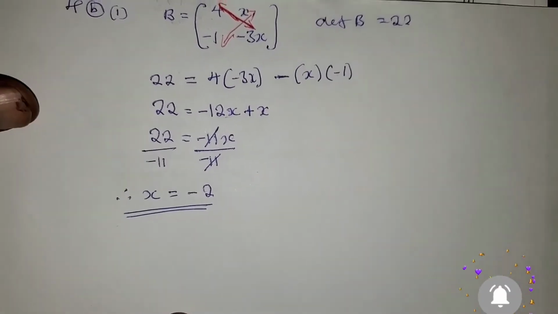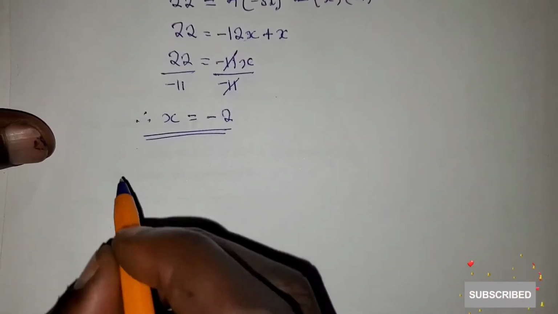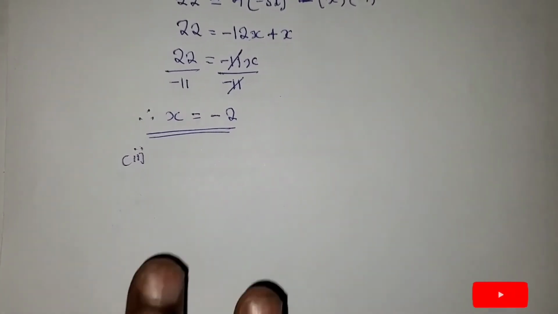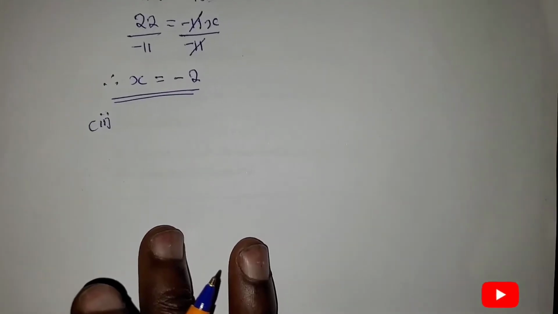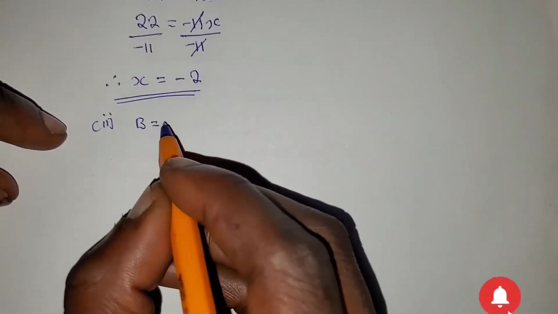We've solved A. So let's solve the second question, which is about finding the inverse. Hence find the inverse of matrix B. So to find the inverse of matrix B, first you need to write what matrix B is.